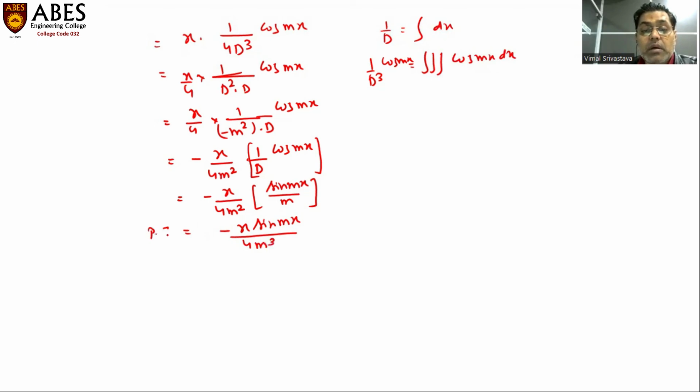So this is our PI. So the solution will be CF plus PI. Again, I am not focusing on CF. PI is minus x sine mx divided by 4 m cube. So that is the solution of our problem.